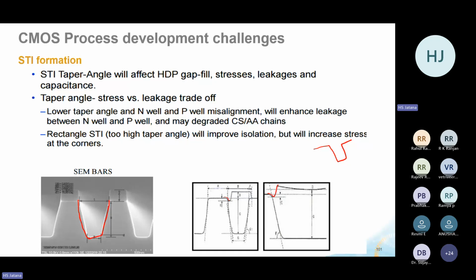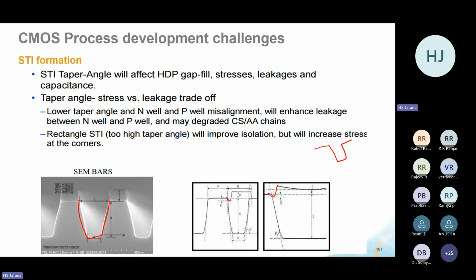The objective of the person who is doing this process step, which is a unit process, is only to etch this particular thing to a particular dimension at a particular angle. And it's not a 90-degree angle.